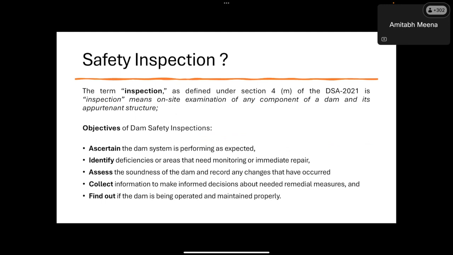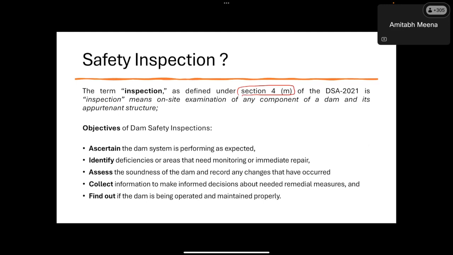So the term inspection has been defined under section 4M of the Dam Safety Act. This basically means on-site examination of any component of a dam and its appurtenant structures.